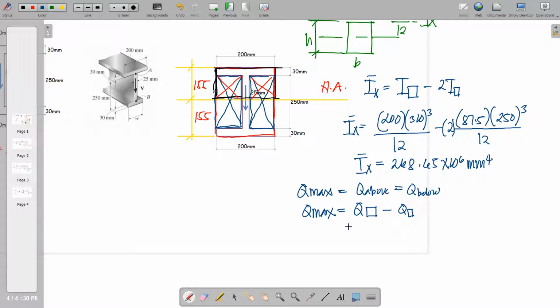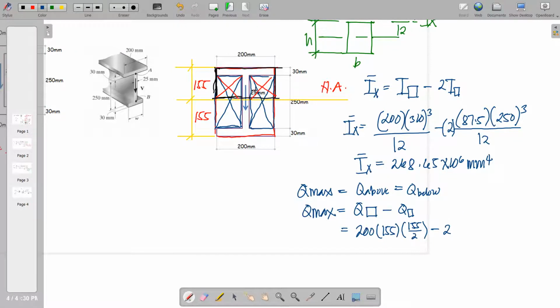Q of the larger rectangle is 200 by 155, that is the area, and the distance is half of 155, 155 all over 2. Then we deduct, of course, the Q of the smaller one, that is multiplied by 2 because there are two smaller rectangles there.